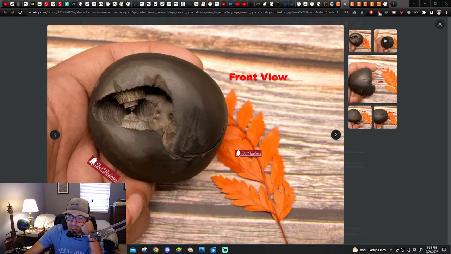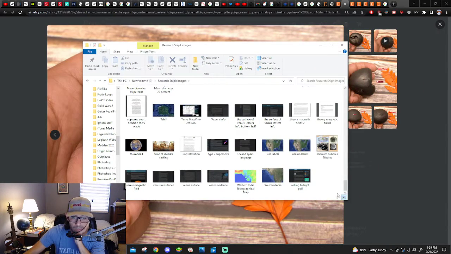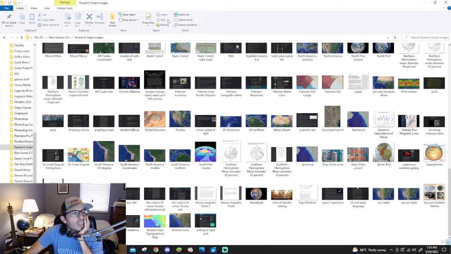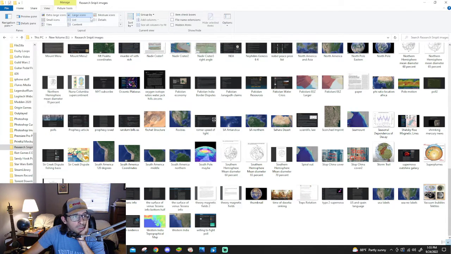Let me see if I can find it. What brought my attention to this was these snippet photos. If I can find it. I don't know what I would have called it, or I could just pull this over. How do I make this bigger view?